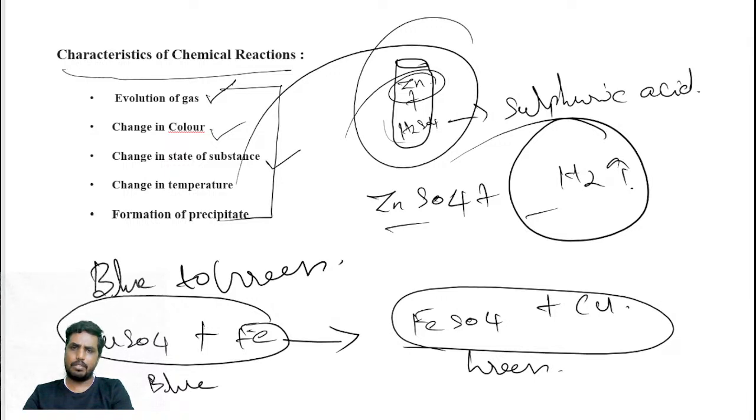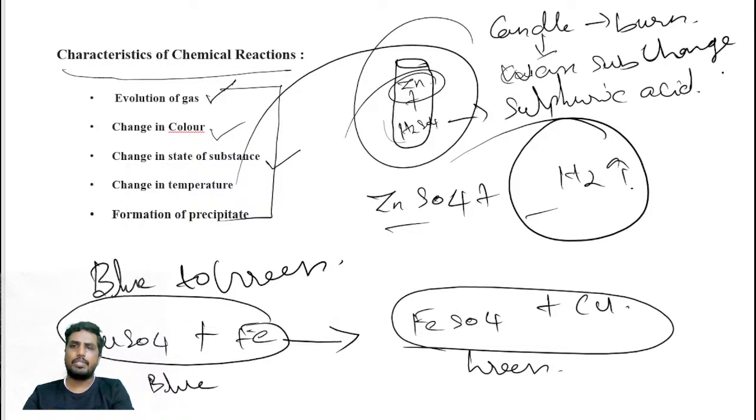What is the state of substance? Take a wax candle and burn it. What will happen? What will you observe? You can observe that the candle wax changes into liquid. Solid substance changes into liquid, and what gas will evolve in that?